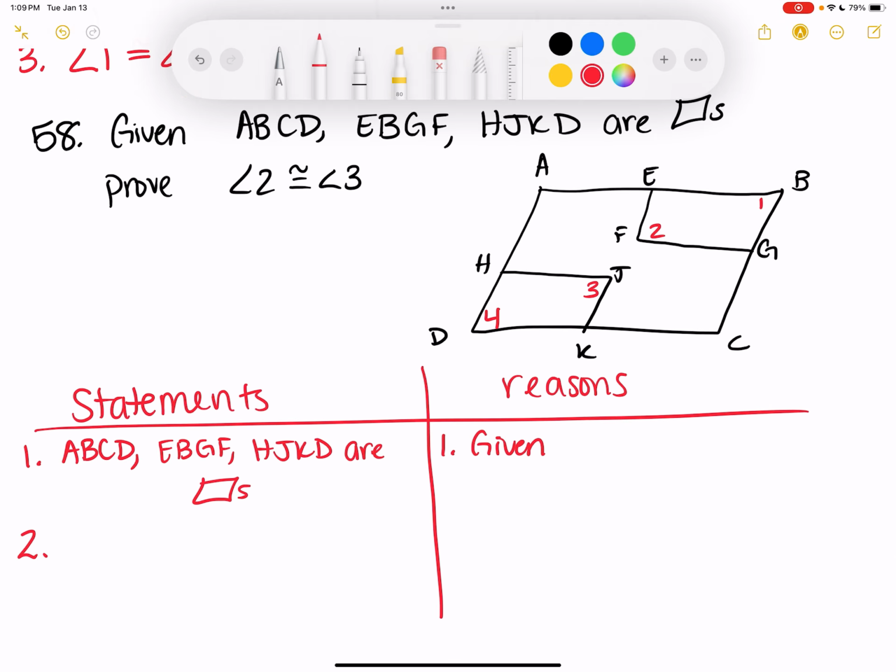So I know ultimately I'm trying to prove that angle 2 is congruent to angle 3, so that's here and here. So based on the information from the picture, what do I know to be true, or what can I say is true or congruent?